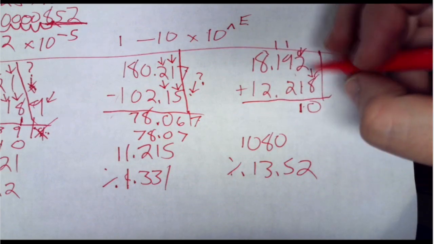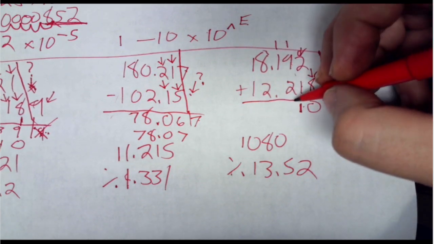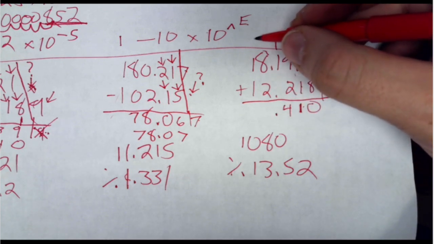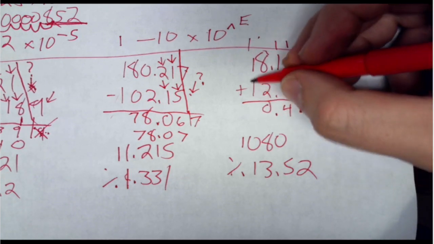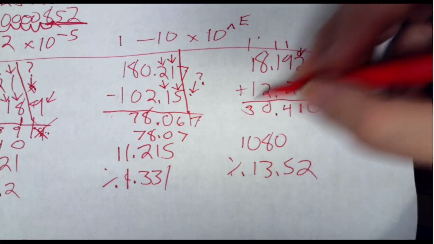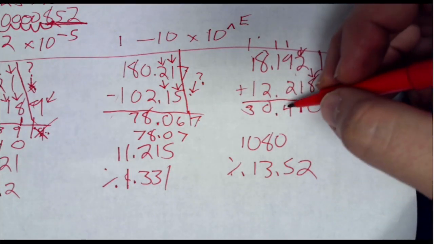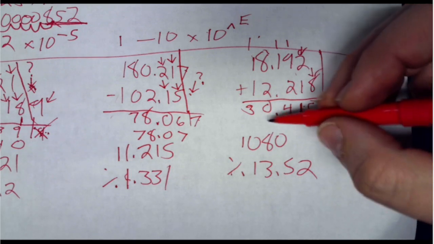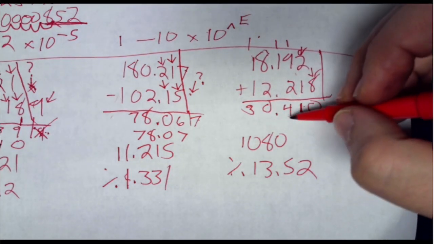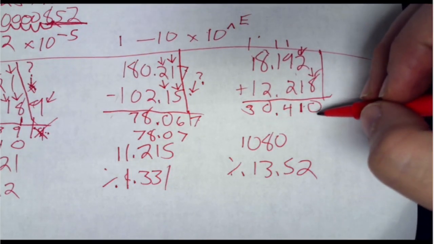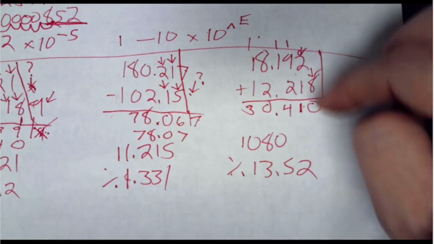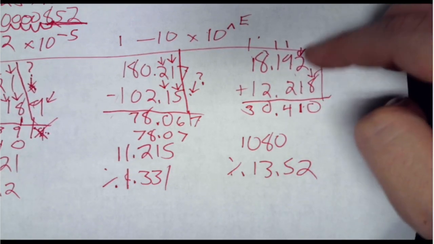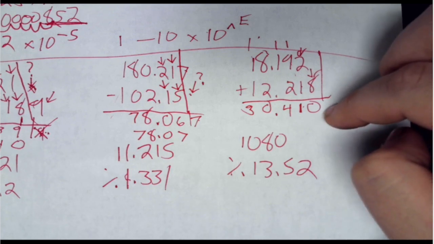And so, actually 11. 1 plus 1 plus 2 is 4. 8 plus 2 is 10. And 1 plus 1 is 30. So 30.410. Your calculator would report as just 30.41. But because we know this place accurately, we want to keep that 0 in there.